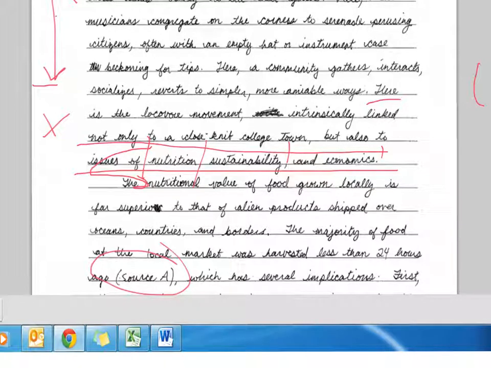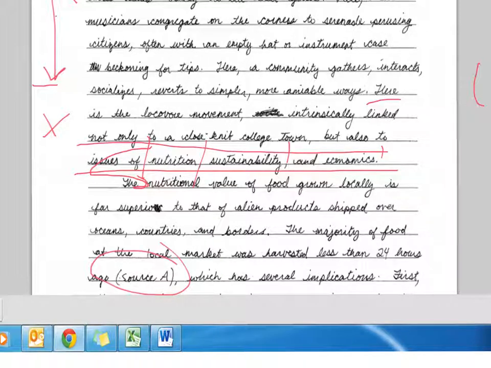She's going to be arguing that a community would deeply benefit from supporting locally grown produce and as a way of bringing the communities together, as a way of increasing our nutritional content, as a way of helping the local economy thrive, and as a way of making the planet a greener and more sustainable environment.